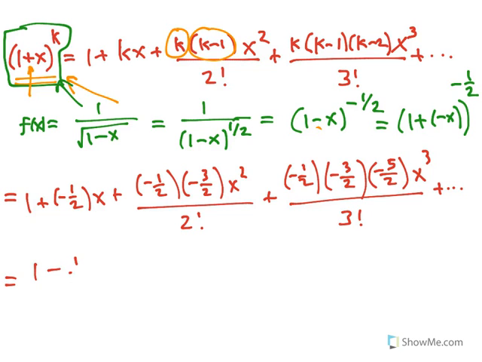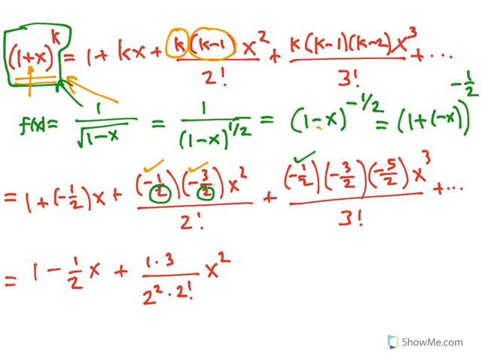So 1 minus 1/2 x. And then here, if I multiply the two negative factors, I'll get a positive factor. And then I have 1 times 3. And then I have 2 times 2, or 2 squared, divided by 2 factorial, which is the same as multiplying by 1 over 2 factorial, x squared.